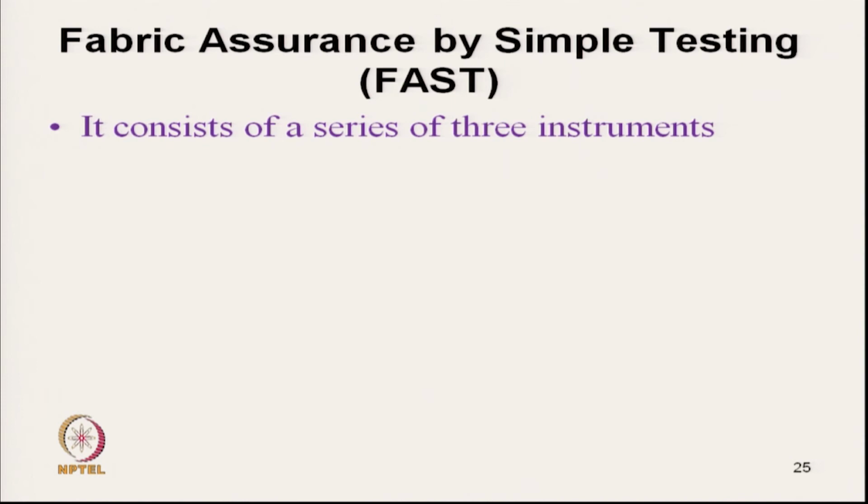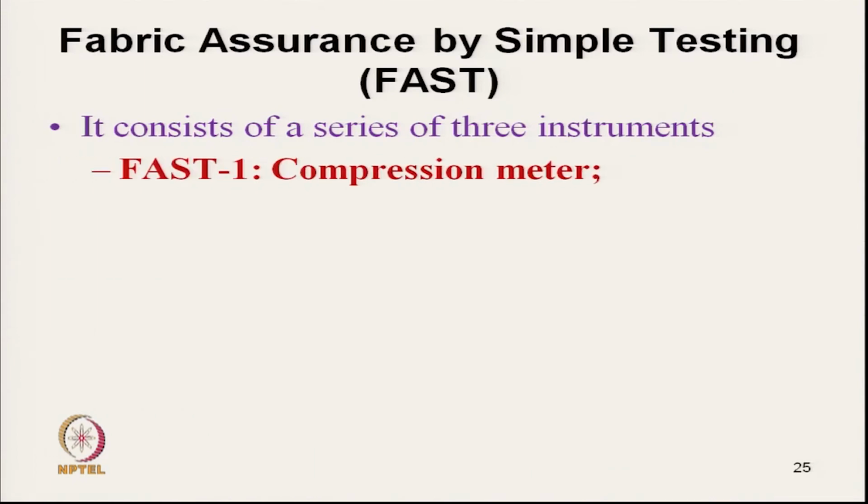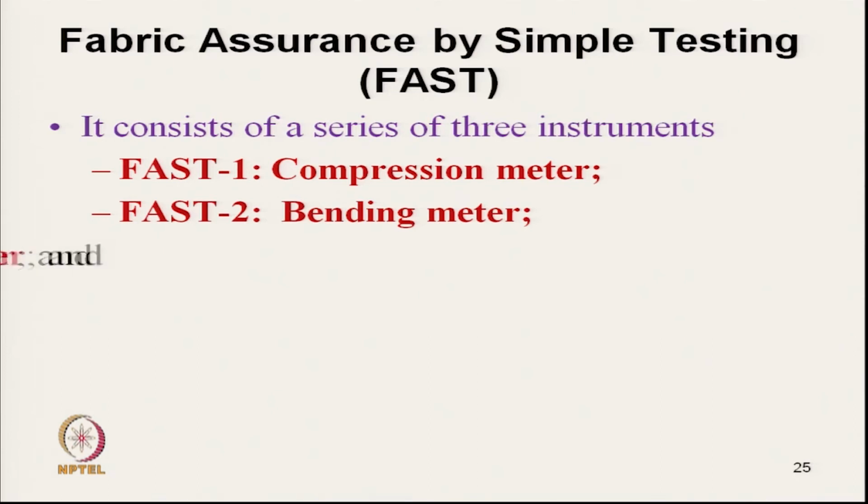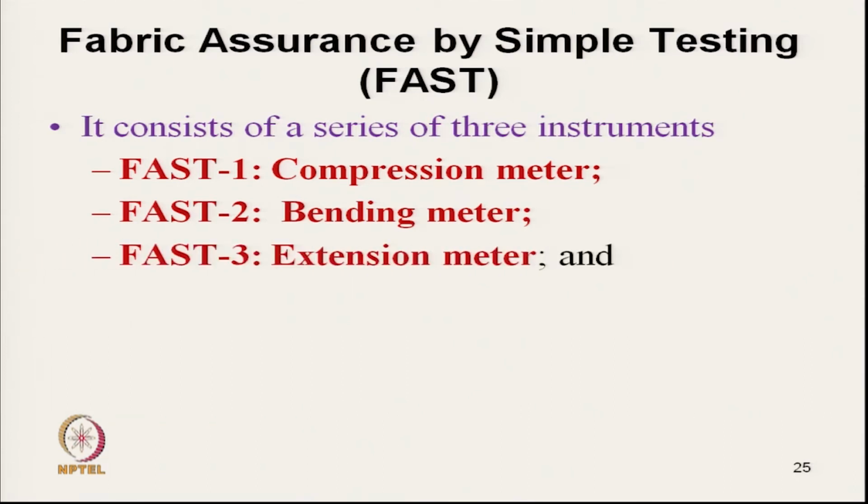The FAST method consists of a series of 3 instruments and one test method. The first one, which measures compression, is called FAST 1, the compression meter. FAST 2 measures the bending characteristics, the bending meter, similar to the Shirley stiffness tester, and FAST 3 is an extension meter.